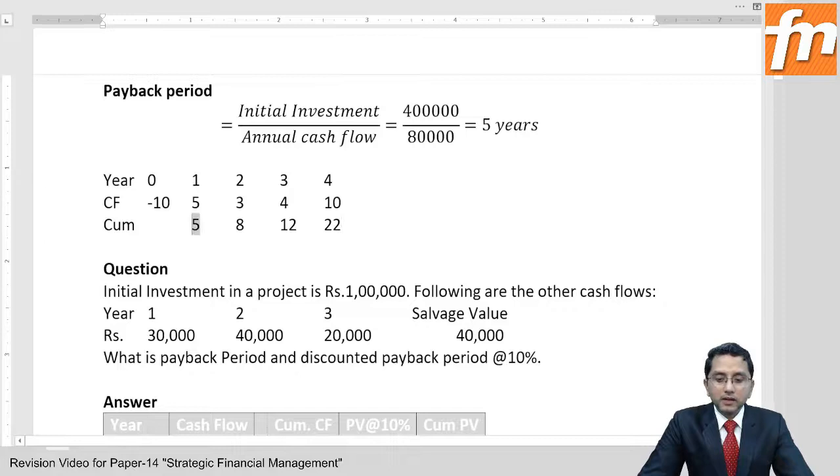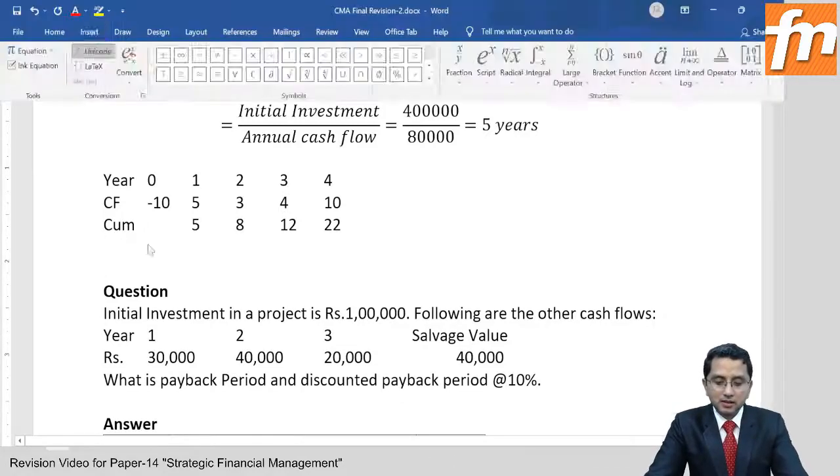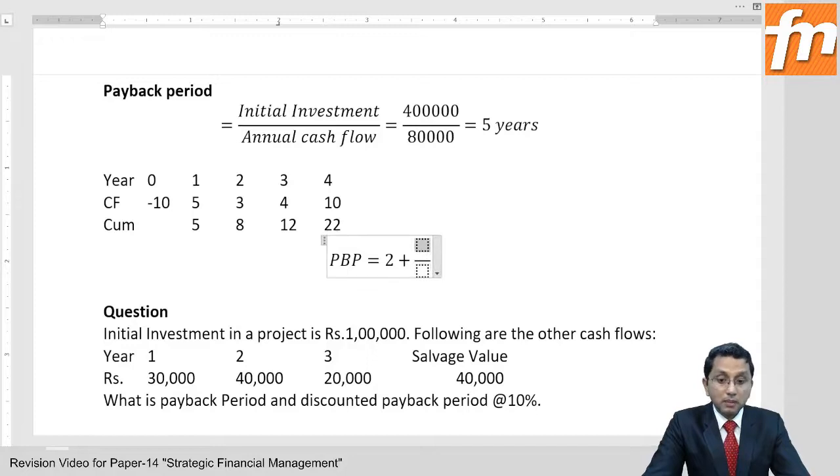So my payback period is more than 1 year. It is more than 2 years. I'll have to look at third year's cash flow also. There is a deficiency of 2 lakh rupees here, and I'm earning 4 lakh rupees in this year. So here my payback period is equal to 2 years plus.